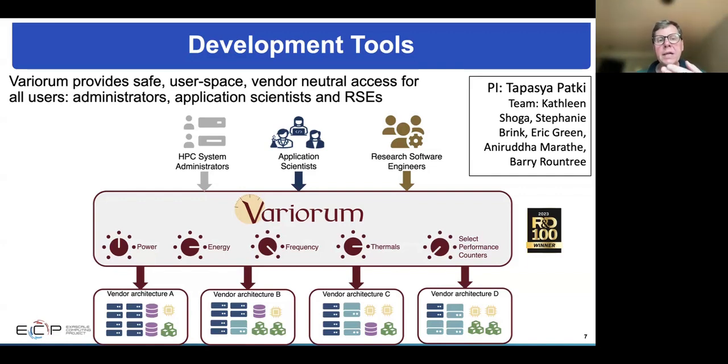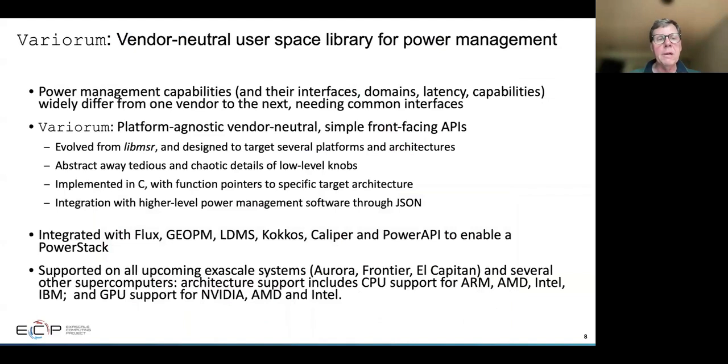Furthermore, it has specific types of API features that system administrators want, that application scientists want, and that research software engineers want. And so it provides multiple ways of aggregating capabilities and abstracting away details that are not fundamentally important for the users of the system. Variorum won an R&D 100 award in 2023 as a tool that was very valuable to a lot of people.